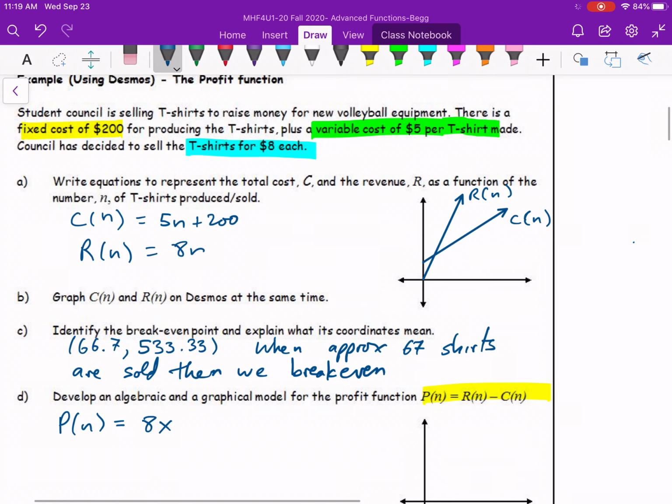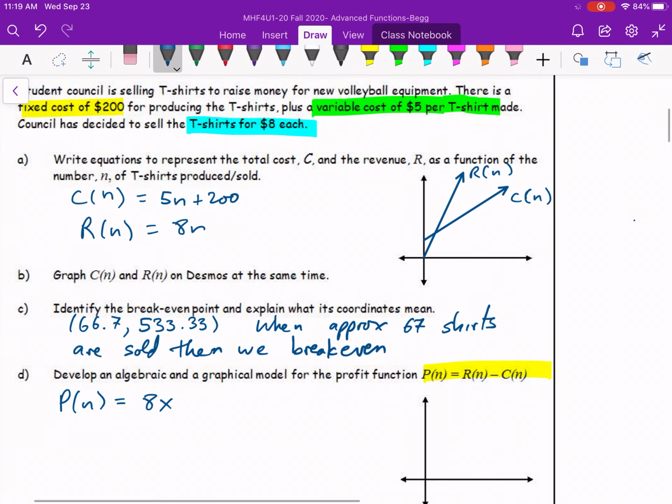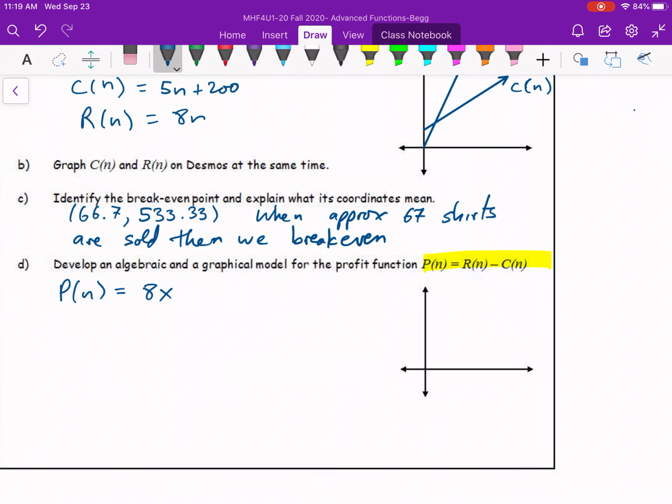Remember, I'm just taking them from up above, and it's not x, it's n, minus (5n plus 200). I'm putting that in brackets to keep my signs correct. And then if I take the brackets off, I can end up simplifying it. I'll end up with 3n minus 200.